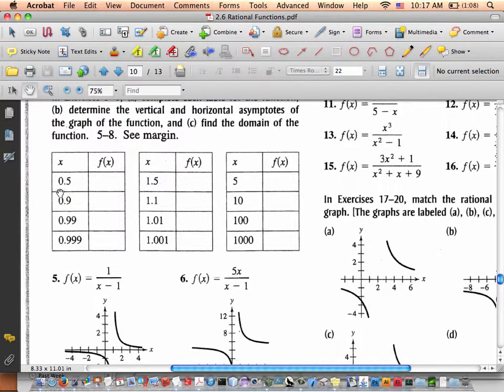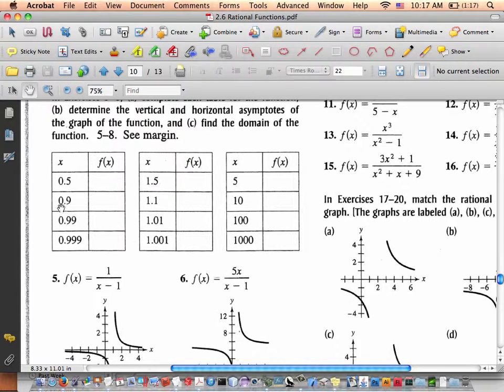The table is going to help us look at what the points are. First we start at 0.5, then we go to 0.9. Then 0.99, 0.999. What are we approaching? 0. Nope, 1. We're approaching the excluded value, right? Now, which direction are we approaching that excluded value? From the left, right?